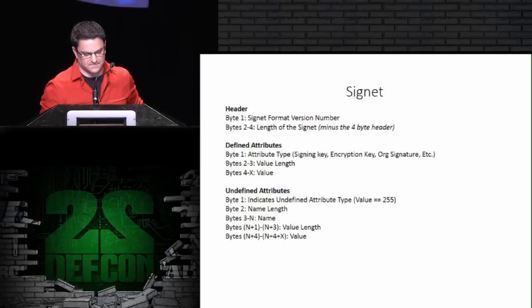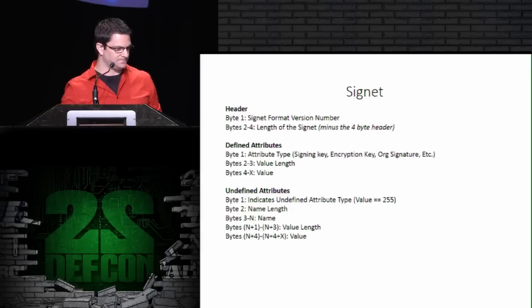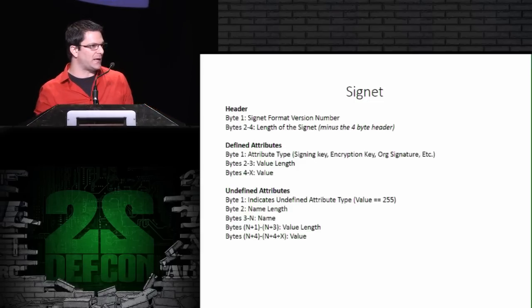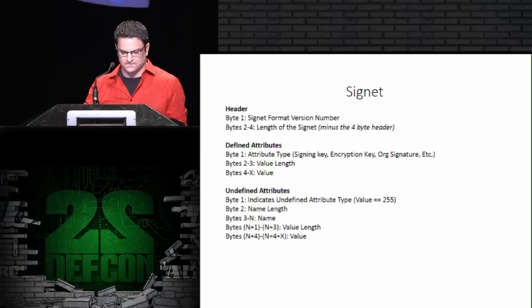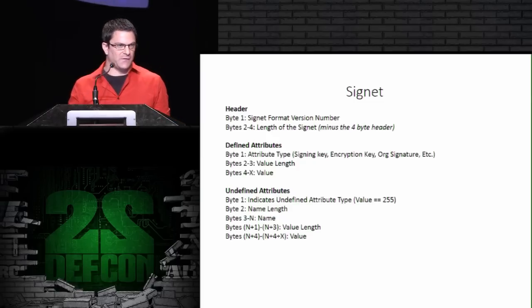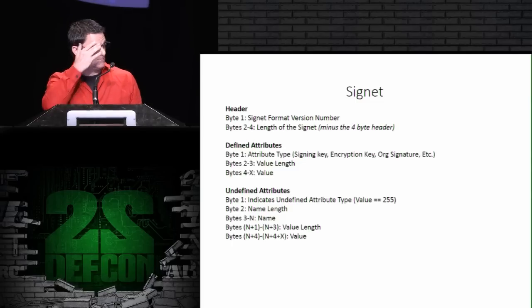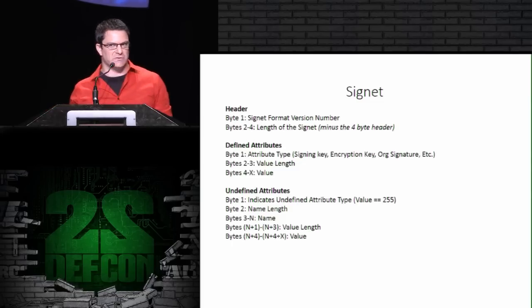What is a Signet? It looks a little bit like this. It's a relatively simple format. You've got a 4-byte header that tells you the version. 3 of those bytes determine the length. You have defined attributes. I'm still trying to come up with exactly what that list of defined attributes is going to be.